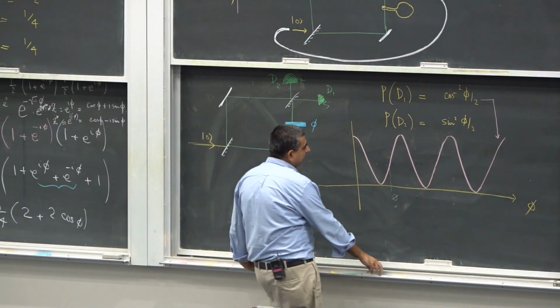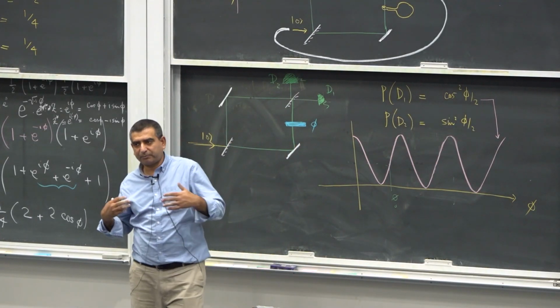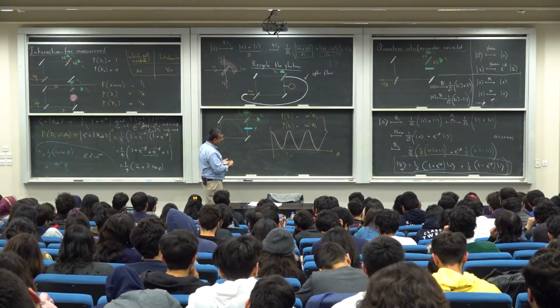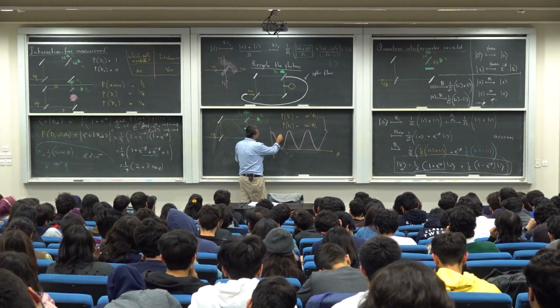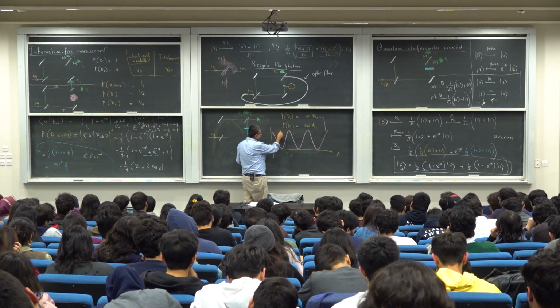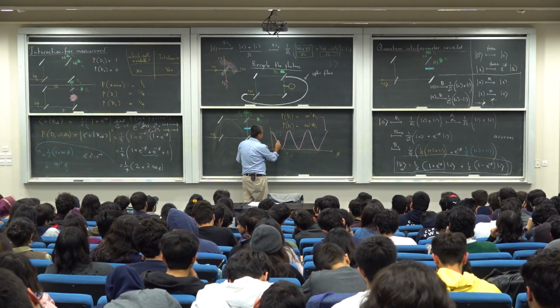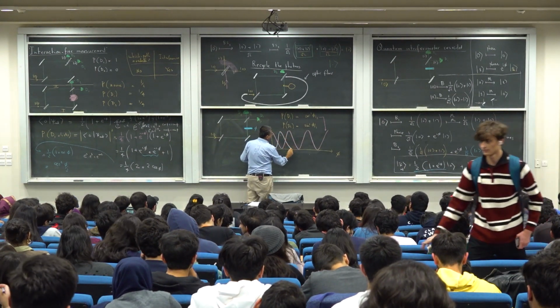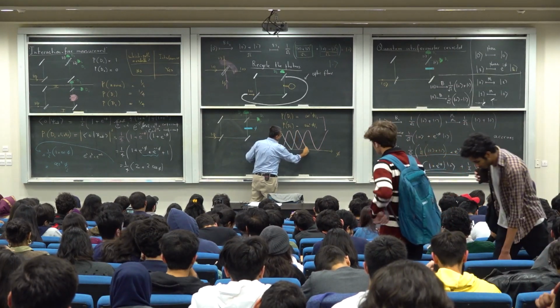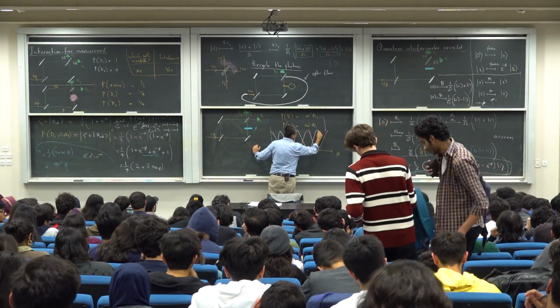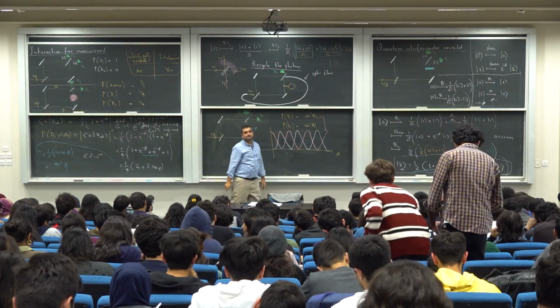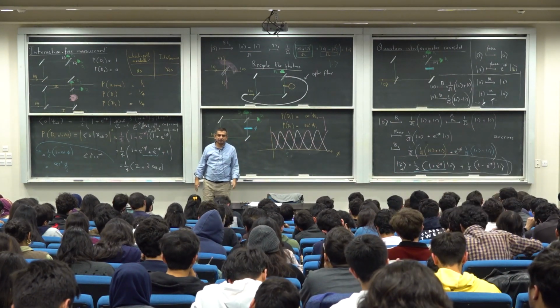And what's the waveform or the probability that detector D2 clicks? It's going to be 1 minus this, which is going to look like this. So they are complementary to one another.